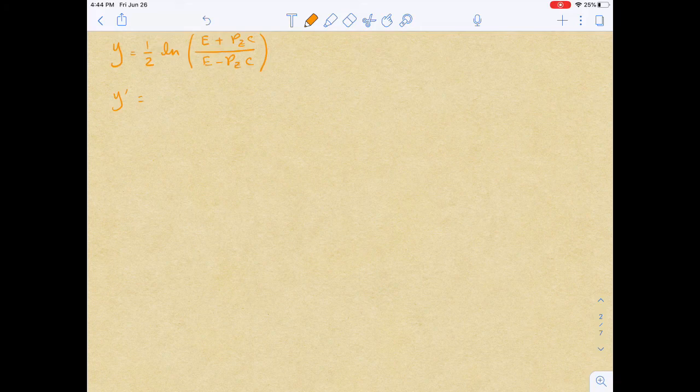So let's just write this down with the square root of e plus pzc over e minus pzc. So y prime, when we apply the Lorentz boost, we want to apply the Lorentz boost to e divided by c and pz.